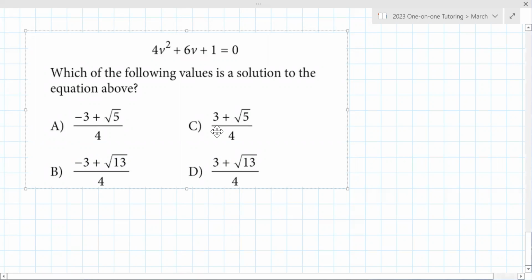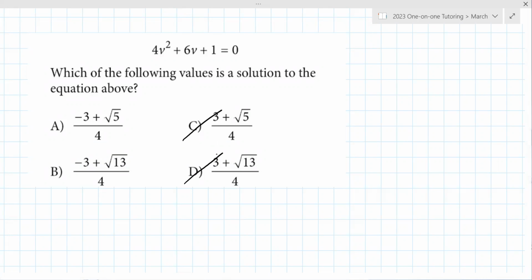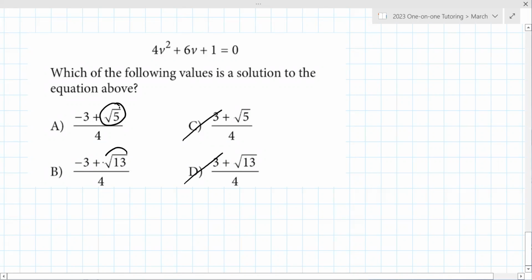There's no guarantee that it will always work, but because it's -6, you actually can eliminate these two answers because it's not going to be positive. It's going to be a negative number. So now we're down to figuring out, was it square root of 5 or square root of 13?